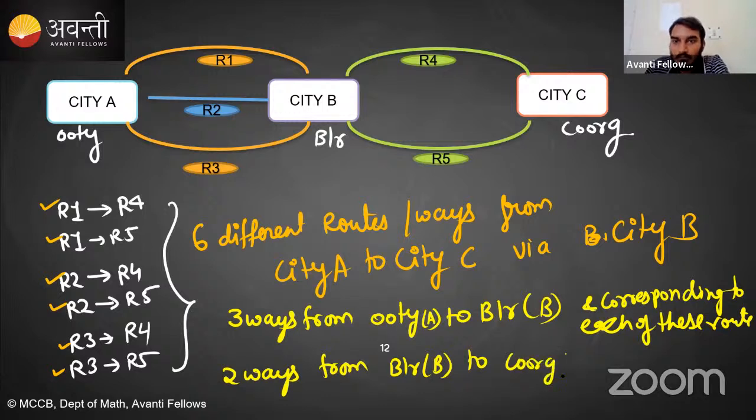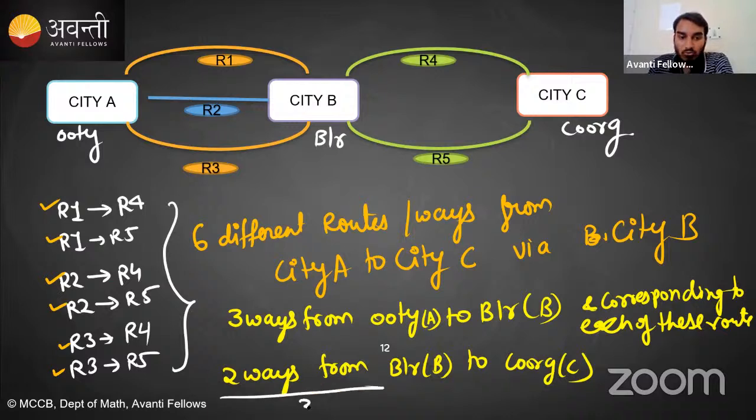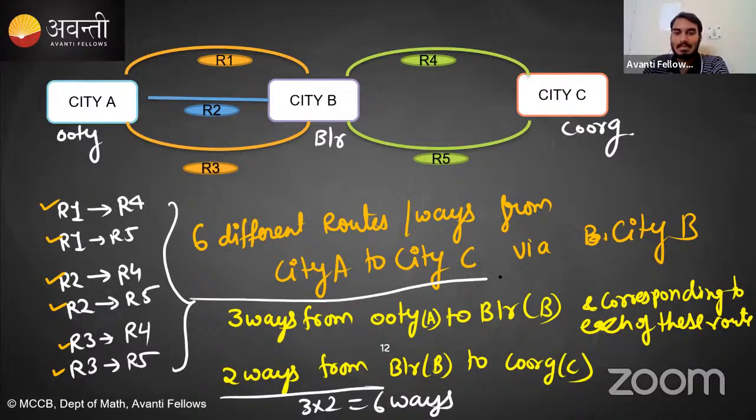Clear? पहुंचा दिया कुर्ग में, right? So student, now tell me how many ways are there? 3 into 2 means 6 ways, right? Means 6 ways. Is this clear?